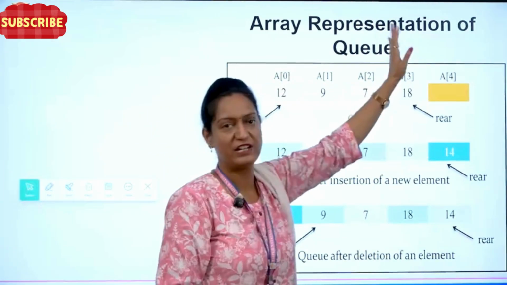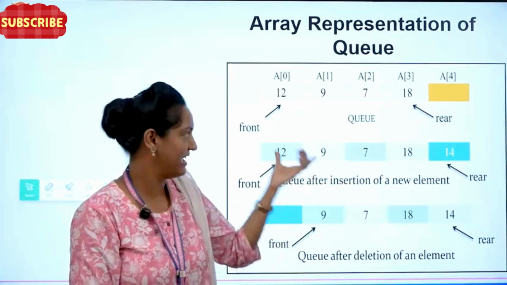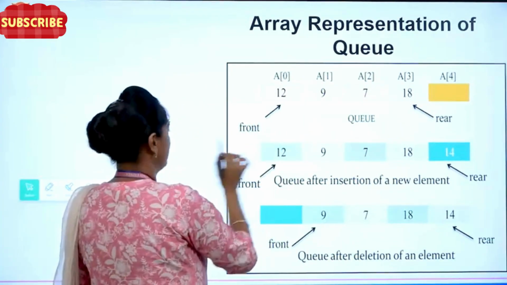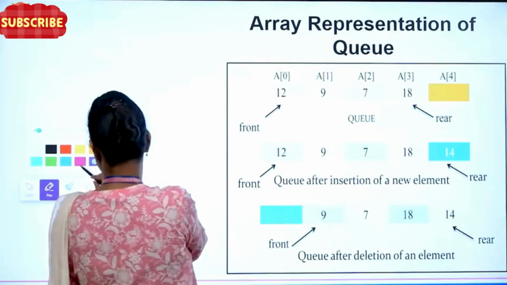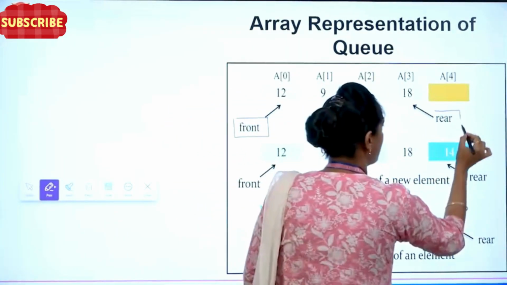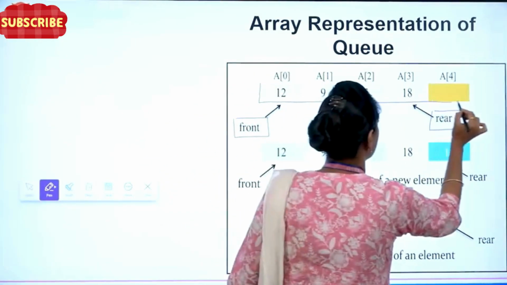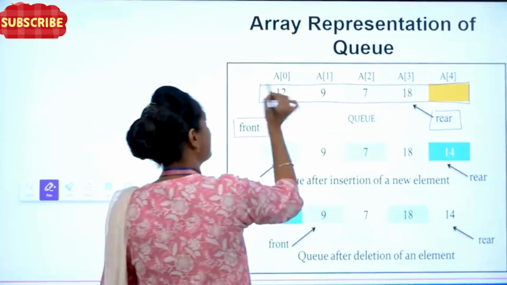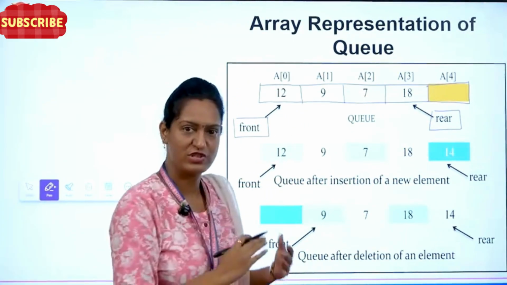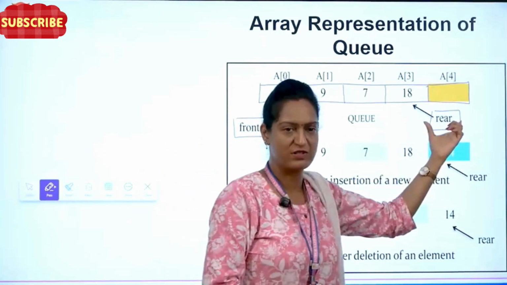So, array representation of queue. Here I am implementing my queue with the help of an array. So you can see that when I am declaring an array, this is my front, this is rear, and this array structure is known as the queue. Whenever I want to delete an element, I will use front. Whenever I want to insert an element, I use rear, right?